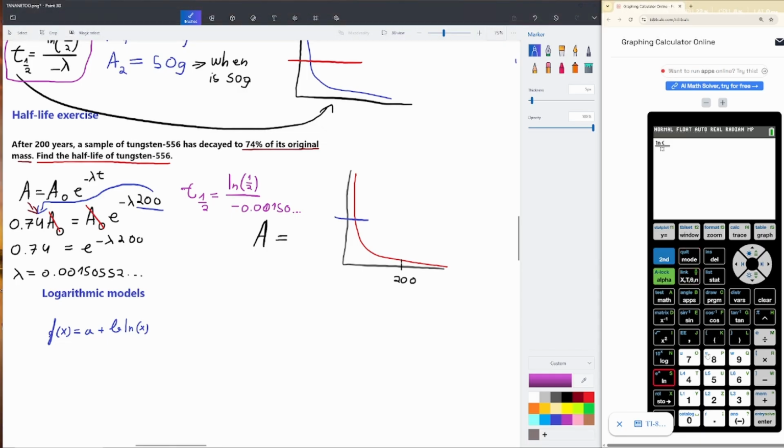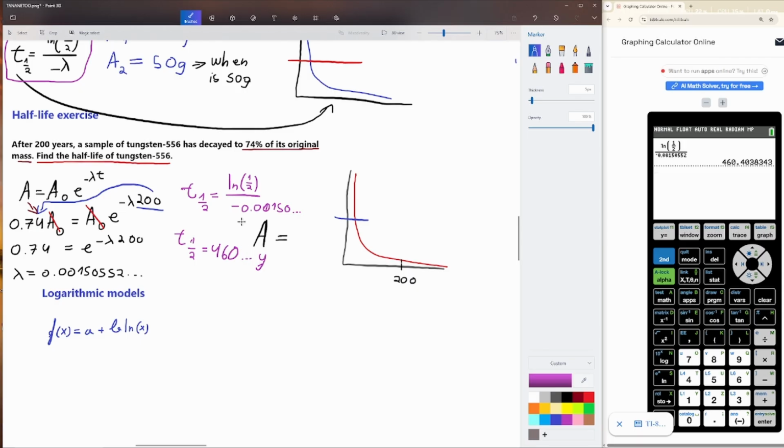Then you will get your natural logarithm of 1/2, and then you're going to divide it by negative 0.0015052, and you're going to get your answer of the half-life to be 460, and this will be in years.